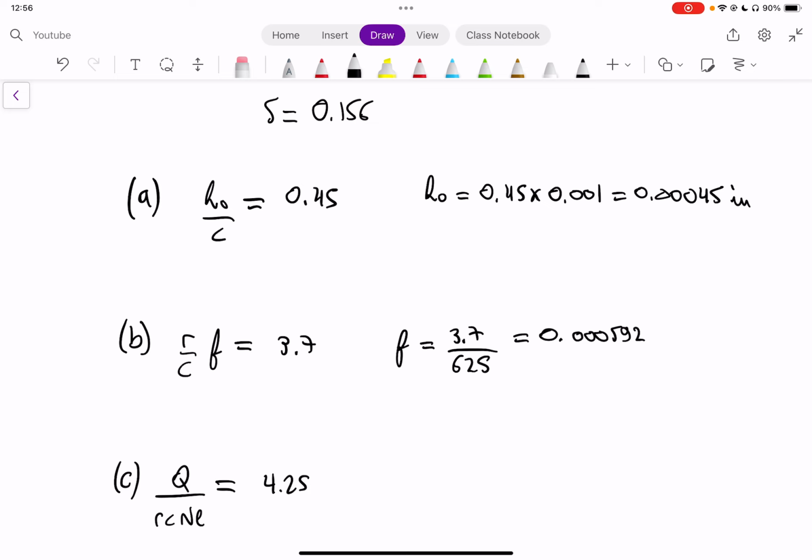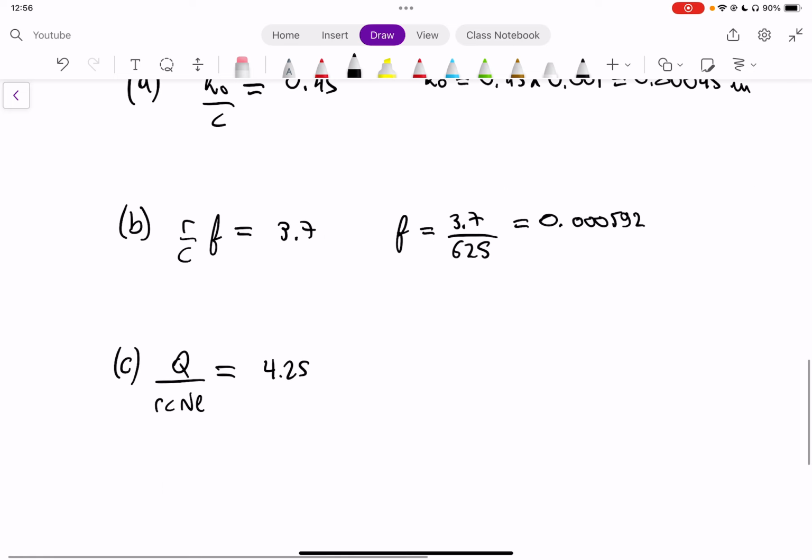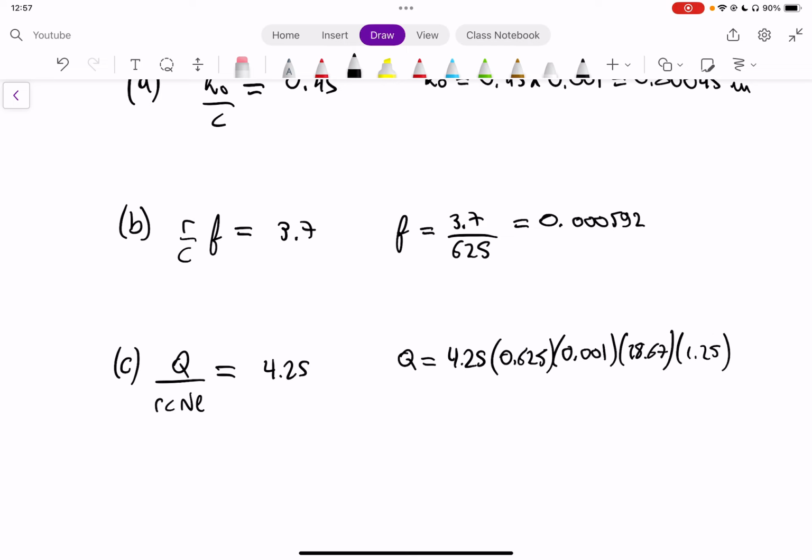Remember, the coefficient of friction doesn't have units, so we're good to go. And then Q is going to be equal to 4.25 times R times 0.625 times 0.001 times 18.67 times 1.25. And so we get a value of 0.062 inches cubed per second. So we're done with parts A, B, and C.